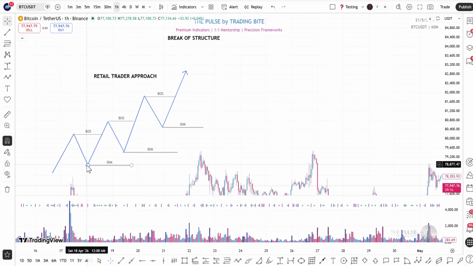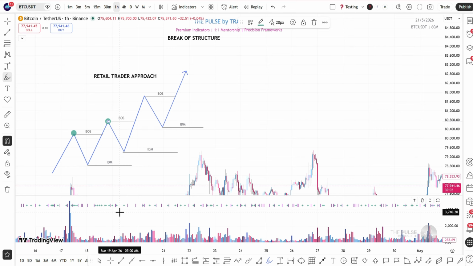Now if we see, the market has gone all the way here, and then makes a break of structure. So between these 2 points, we can see one point is here and one point is here. In the middle of them, this is the point that becomes a swing.